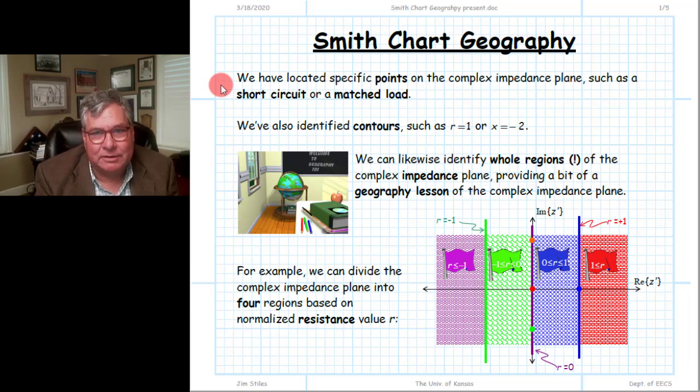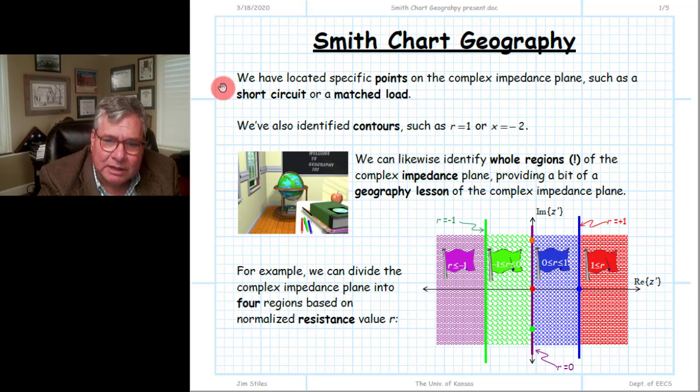Whole areas of certain characteristic, all the points which satisfy some inequality constraint, and see what kind of resulting region appears in that situation. So let's look at this.